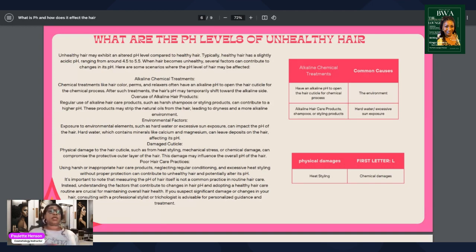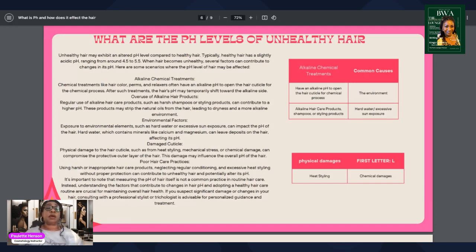Now, unhealthy hair may exhibit an altered pH level compared to healthy hair. Typically, healthy hair has a slightly acidic pH ranging from 4.5 to 5.5. When hair becomes unhealthy, several factors can contribute to changes in its pH.